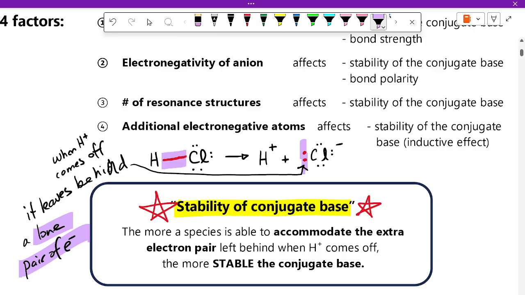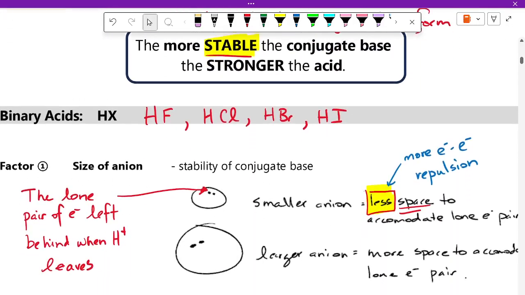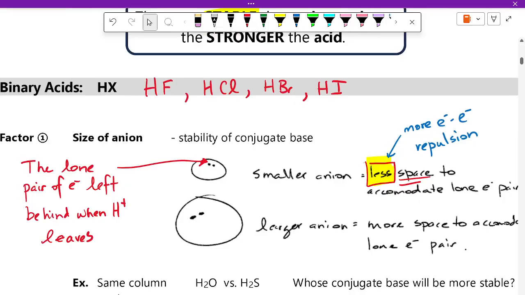So we're always looking at that lone pair of electrons left behind by the hydrogen and saying, how happy are they in their environment? Well, if we have a small ion, we have more electron-electron repulsion, so that's going to be less stable.